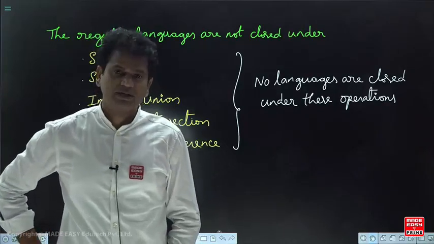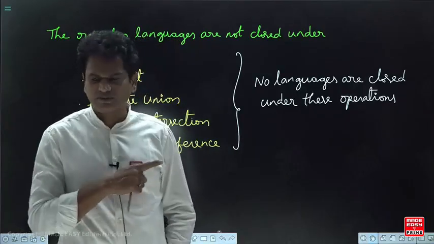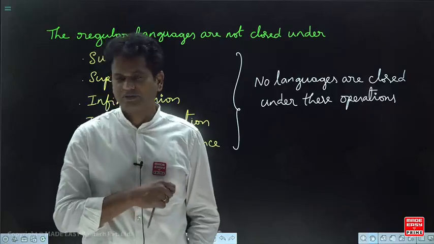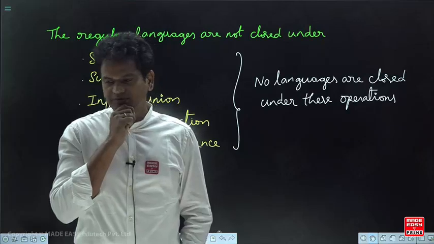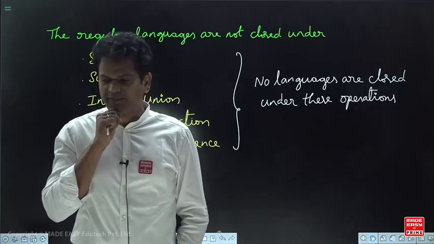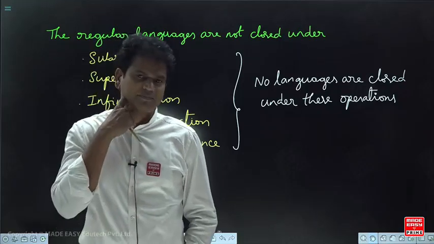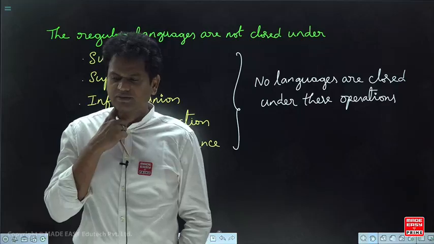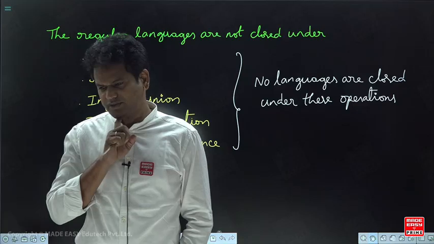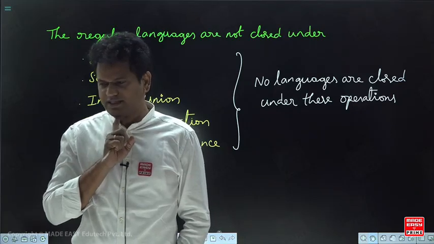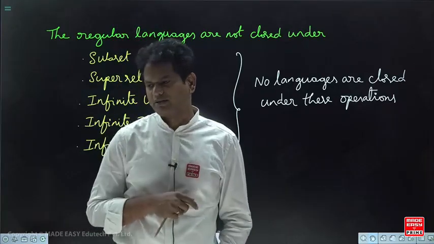We are going very slowly, one thing. If I go fast, this is a tough subject. I can go faster in CD, but some of you cannot understand. Anyway, I am expecting I will complete both TOC and CD by the 20th of this month. TOC will go up to at least November 12th or 13th.